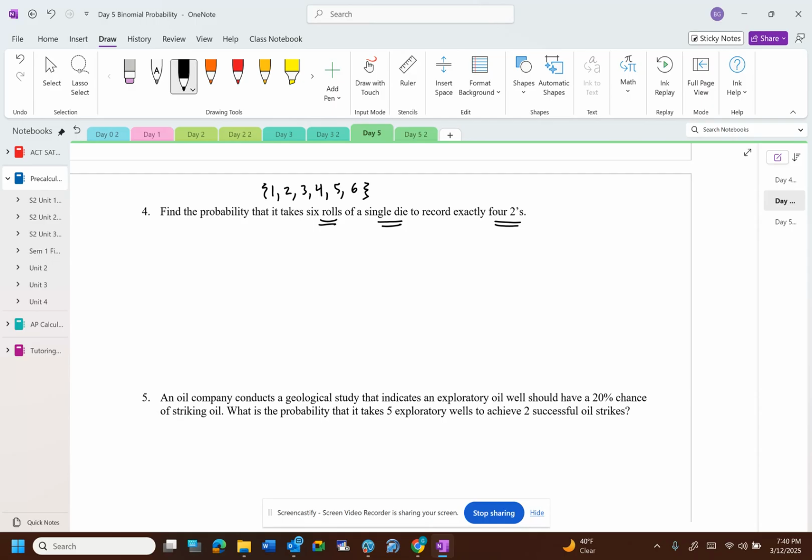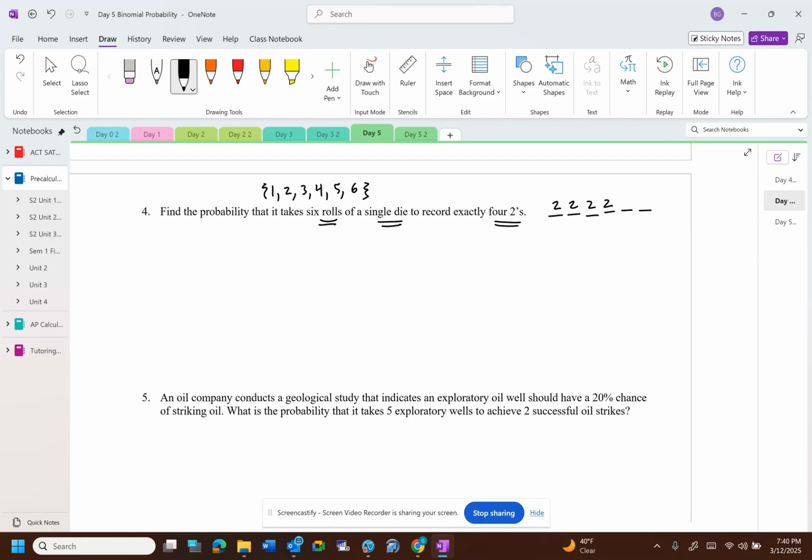Now, this is different than asking what's the probability of getting 4 twos in 6 rolls of a die, because it's telling me that I have to have exactly 6 rolls to get the 4th 2. For instance, if I was thinking about 6 trials, it might so happen that I get 4 twos on the 4th trial.